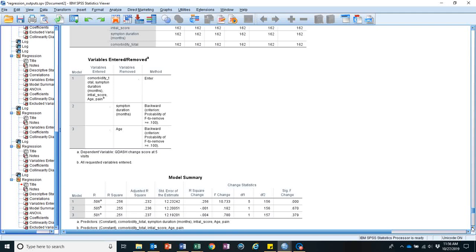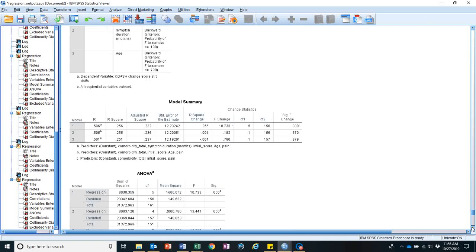What SPSS does is it shows you the analysis of variance and the R and R squared value for each step. In the very first step, the R squared value explained 25% of the variance. So 25% of the variance is explained by all the variables we put in the equation.